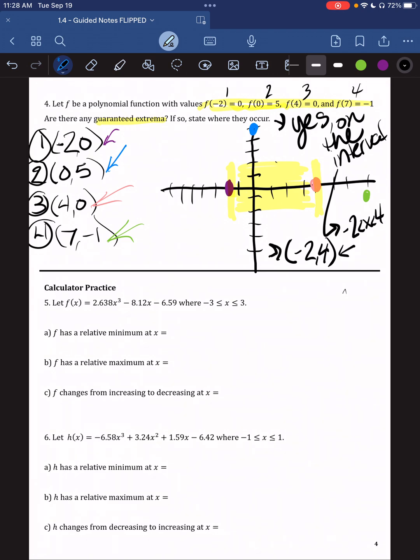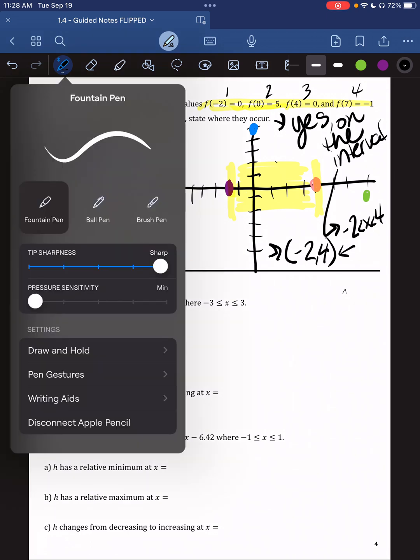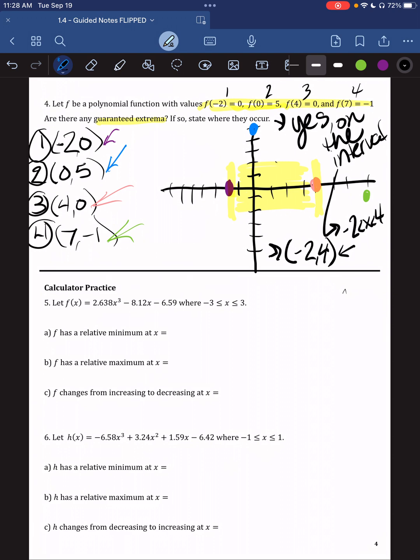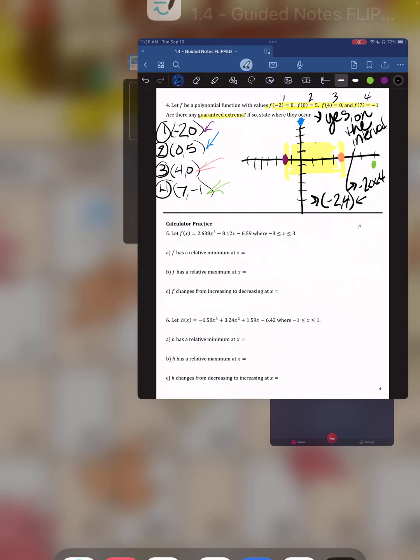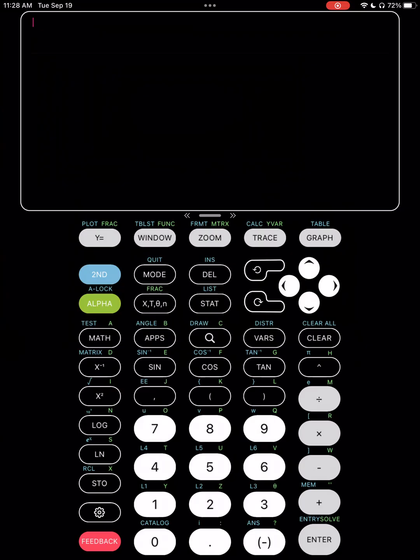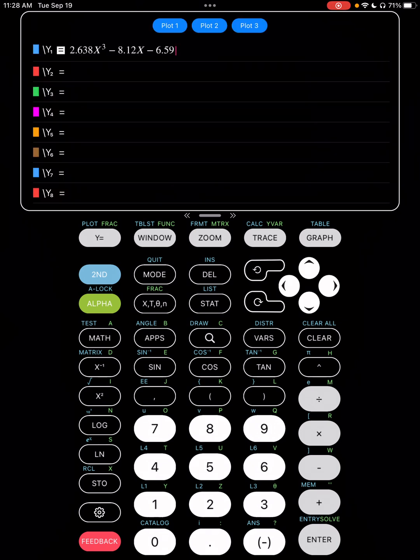Okay? Now, the last piece of this puzzle is to look at the calculator practice. So I'm going to try to show you how to do this on the calculator, as long as this works out. I downloaded this calculator app here to show you. The first thing you're going to do is hit the y equals, and that's where you're going to type in your function.